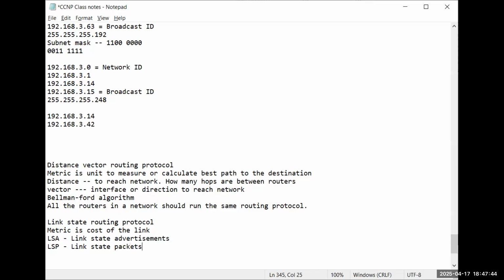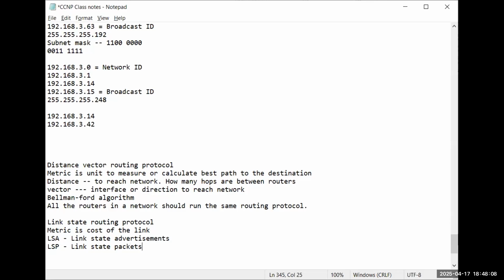So the advertisement process we call LSA, and it happens between the routers. What is actually contained in that LSA advertisement is the link state packet. It is advertising that so and so networks are behind this router, and these are the link states as well. That is called a link state packet.